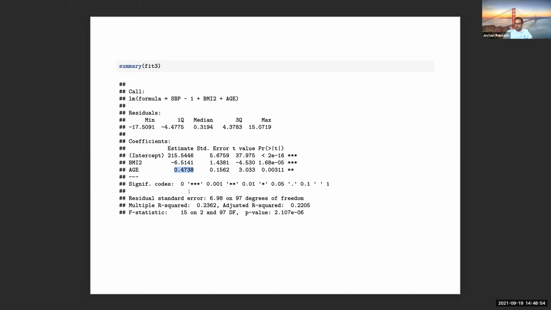As a consequence, we see lower differences between BMI 1 and 2. So this affects the relationship. It still remains a significant relationship, but it changes the difference. And this is important. If you want to interpret this, you need to say that, all else being equal and age being held constant, the difference is 6.51.